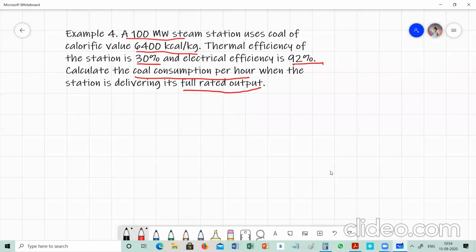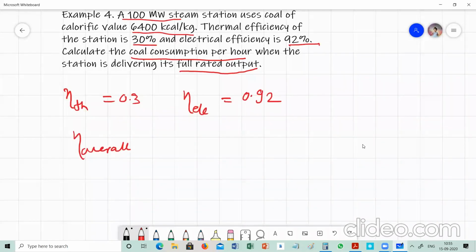They have given the information: eta thermal is equal to 30%, meaning 0.3, and eta electrical is equal to 92%, meaning 0.92. So eta overall is equal to eta thermal into eta electrical, which is equal to 0.3 into 0.92.